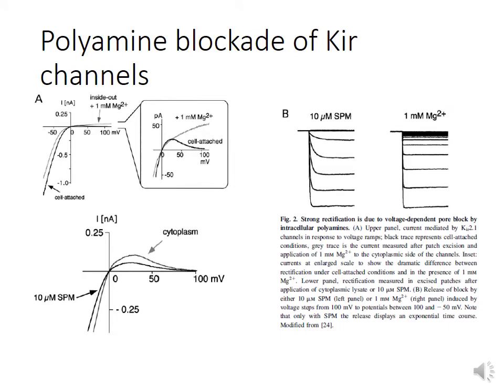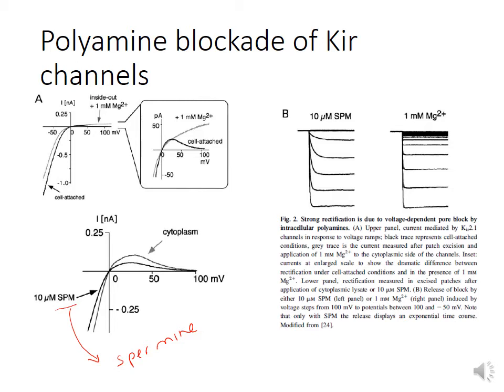More recently, we also discovered that not only magnesium is an important intracellular blocking particle of these channels, but also polyamines. Polyamines such as spermine or spermidine are present in the intracellular environment of these cells at micromolar concentrations.